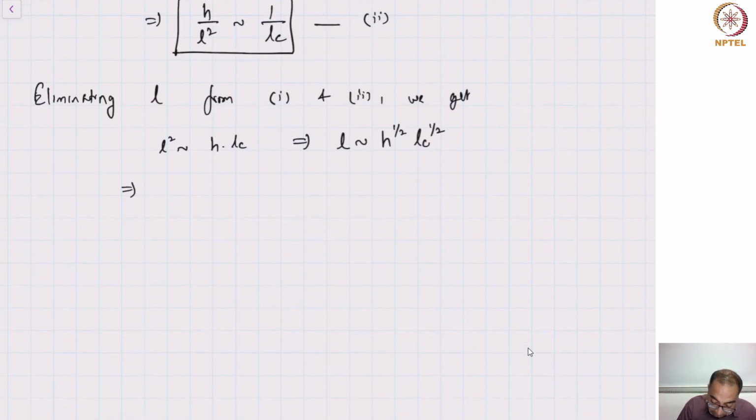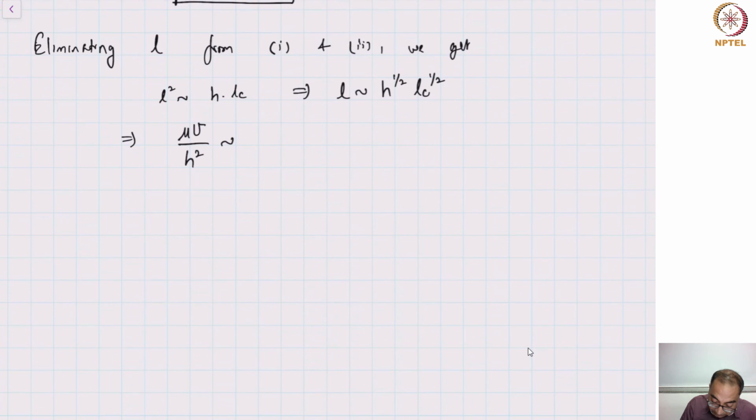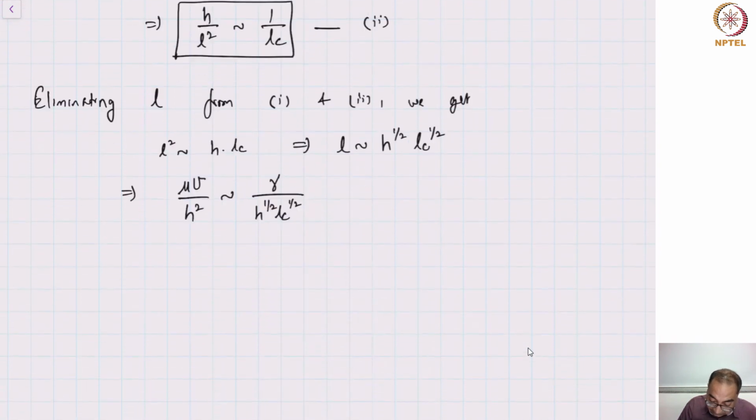What do I have now here? Mu u by h square goes like gamma by L, that is h power half, LC power half by LC.